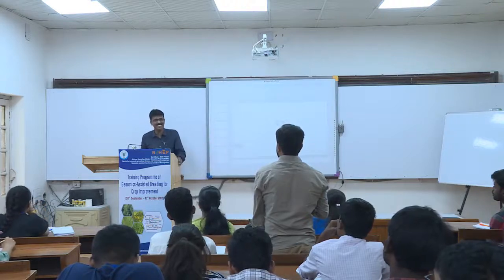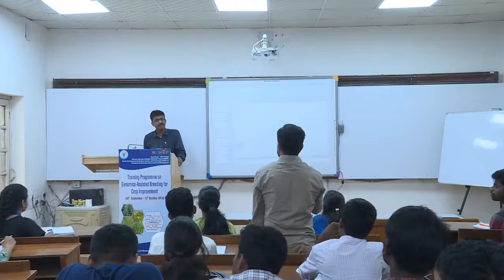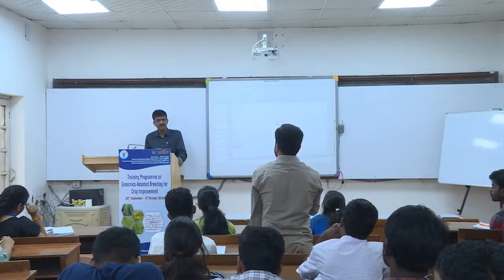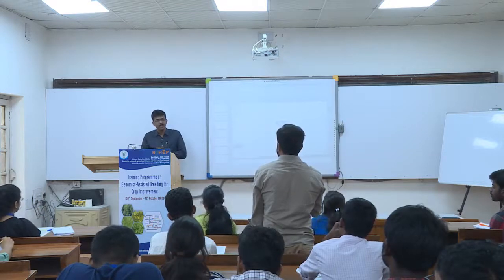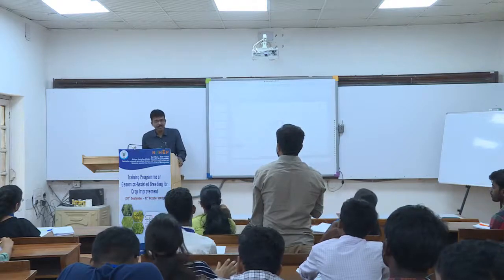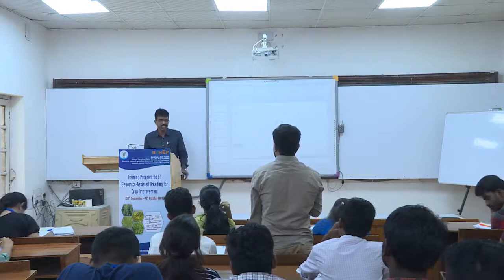Sir, you said the pearl millet Magnaporthe isolate's sequence: how many virulence genes are there? I told you, around 849 genes we could annotate using the PHI database.